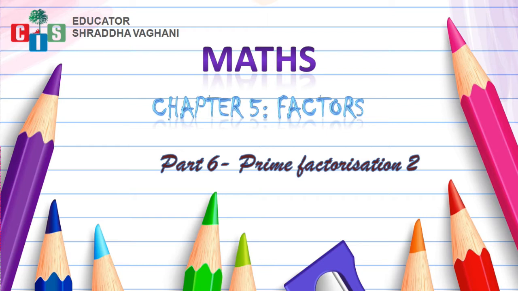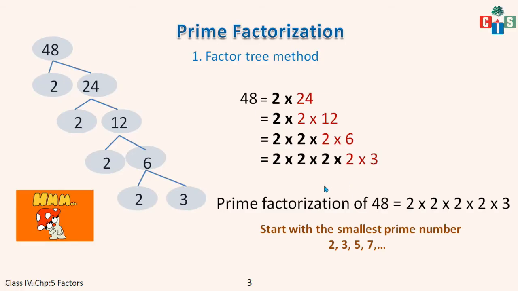So, today I am going to explain prime factorization with method 2. In the previous video, we saw prime factorization by the first method, that is the tree method, wherein we use branches. And you know what are prime factors?